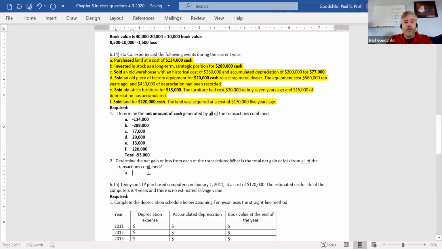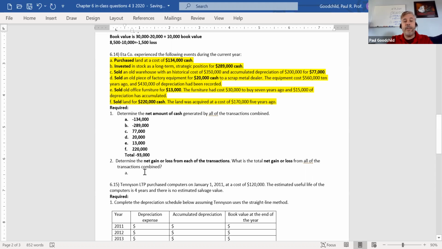Okay. Now determine the net gain or loss from the transaction. What is the total net gain or loss from all of the transactions combined? Okay, so we want net gain or loss, but we also want to know net gain or loss from each transaction.